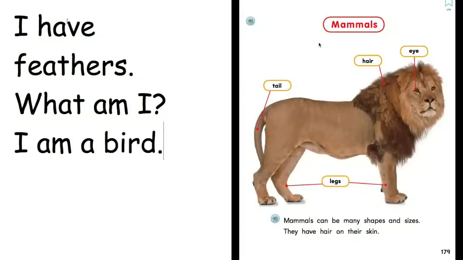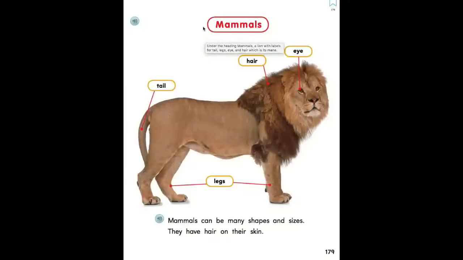Let's move on. Let's look at mammals. Mammals are another animal group. Let's look at the labels. Eye, hair, tail, legs. The hair is special. Let's read.